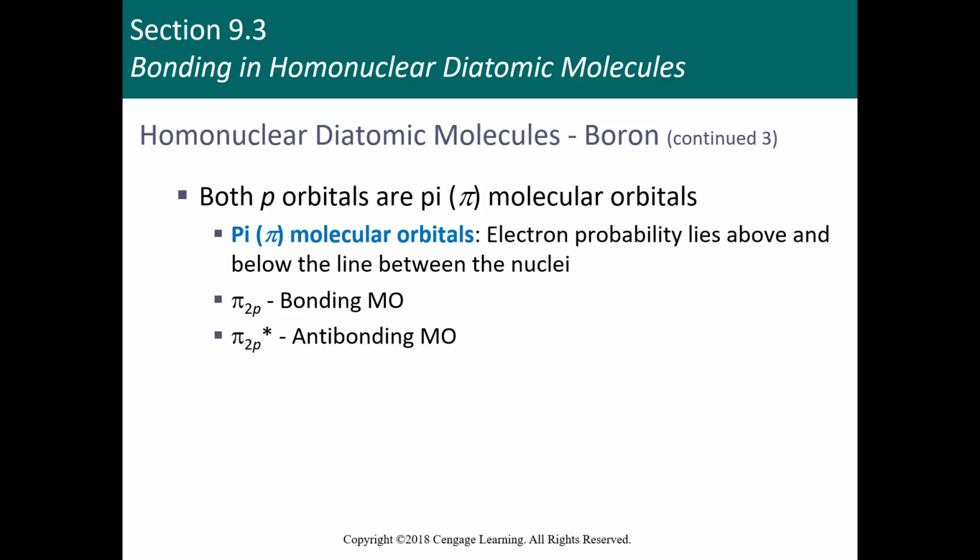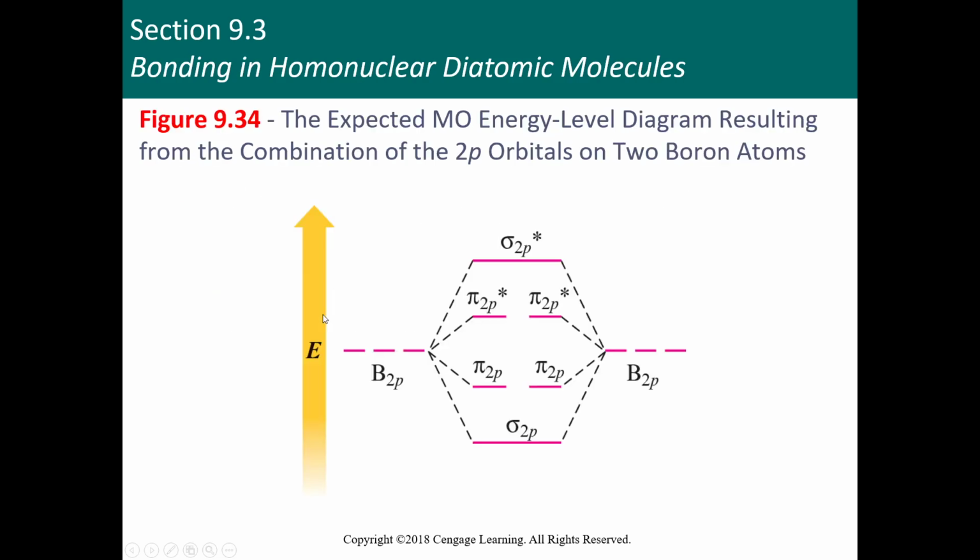And for every combination of 2 atoms giving you 2p orbitals, you will make a bonding pi molecular orbital and an anti-bonding pi molecular orbital. The bonding one has nothing up here, the anti-bonding one has an asterisk.